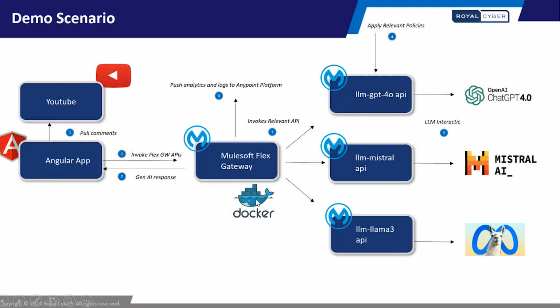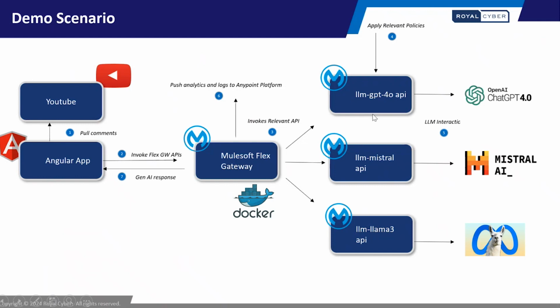In our previous demo, Flex Gateway was installed as a Linux service on a VM hosted in Azure Cloud. We can also install MuleSoft Flex Gateway as a Kubernetes ingress. The Flex Gateway then interacts with the backend API that is deployed in the Flex Gateway.